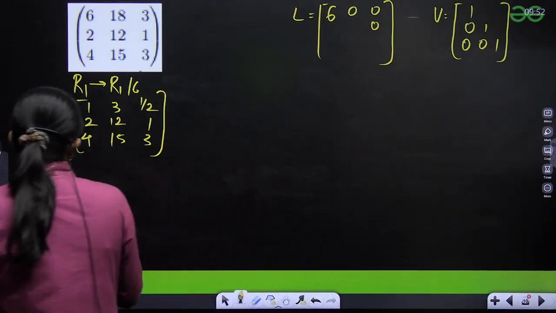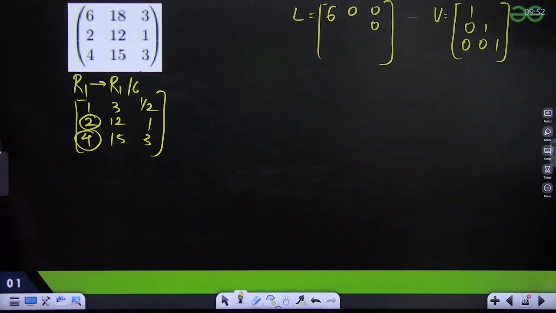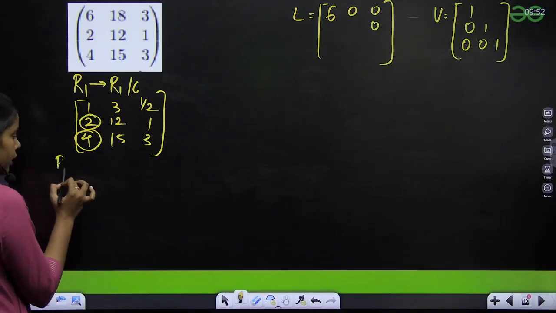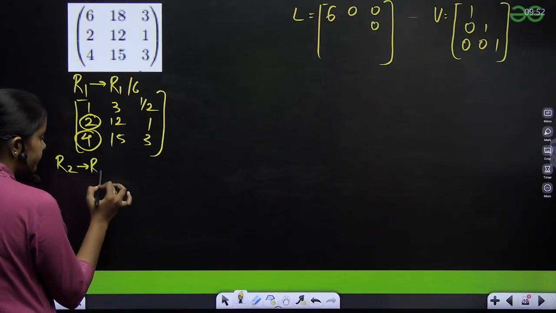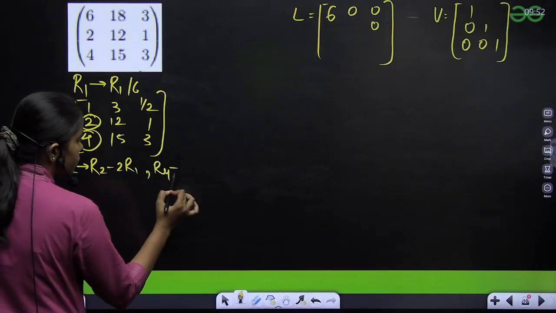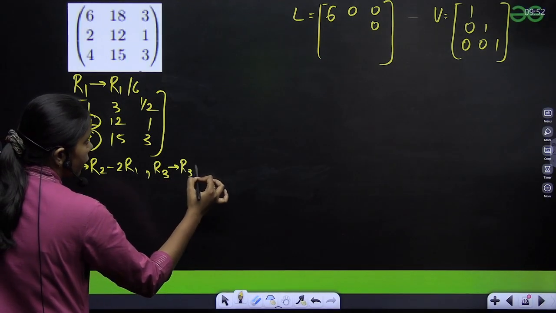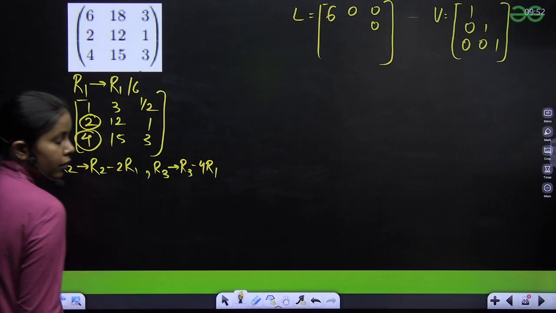Now what would I do? Now I'll make these two terms 0. Everything else would be the same, the only difference would be at the diagonal entries. So R2 goes to R2 minus 2R1, comma, R3 goes to R3 minus 4R1. What would I get?